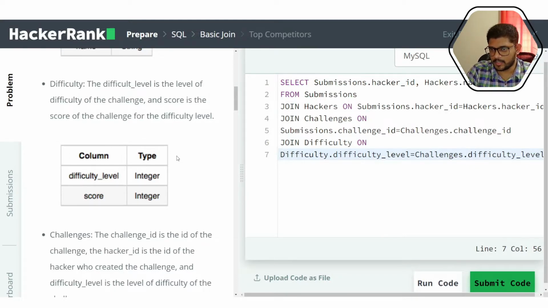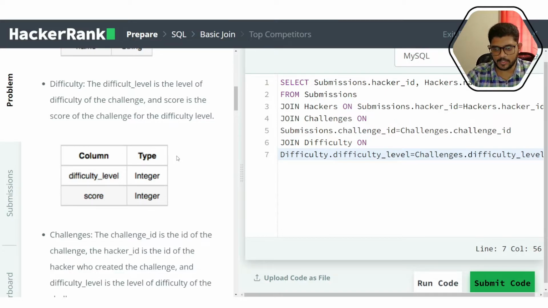That's it. That is the whole point of the difficulty table. It is not going to contain any other detail such as the challenge ID or the hacker ID, hacker name, nothing else. It serves as a quick lookup table to know how much maximum marks we can award for any given challenge solved by a given hacker, right? Nothing more.